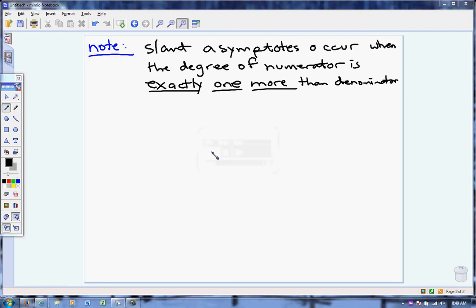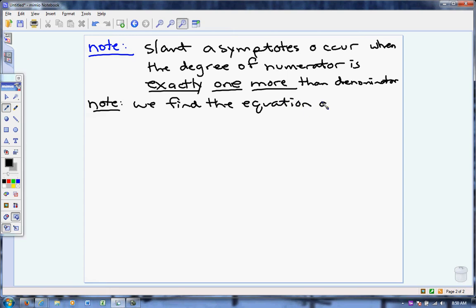And there's one other thing we need to point out. We'll just make another note here. We find the equation of the slant asymptote using division, which is one of the other reasons why we just spent some time learning synthetic division and long division, for situations just like this.